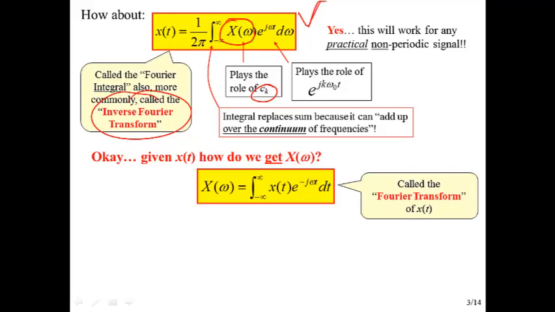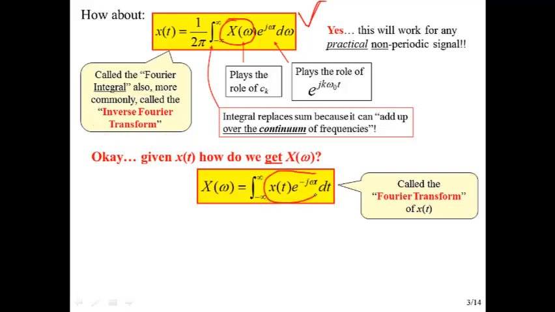Okay, so how do we get this X of omega? Well, same kind of idea that we saw for Fourier series. Remember, in Fourier series, we took this thing, the e to the j k omega 0 t, smashed it multiplicatively onto the x of t and integrated over one period. Similar kind of thing.